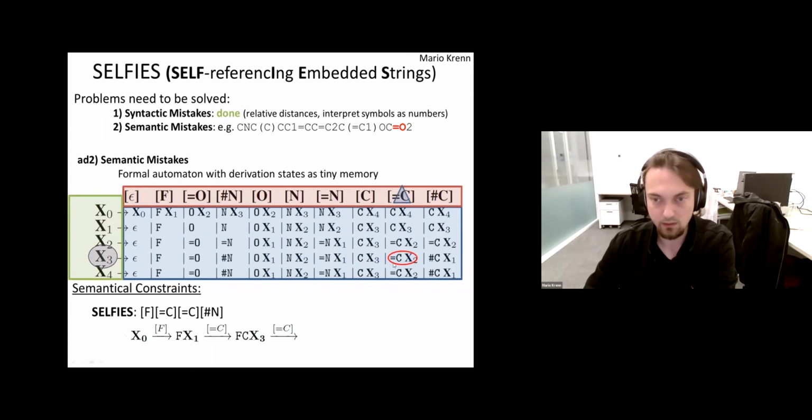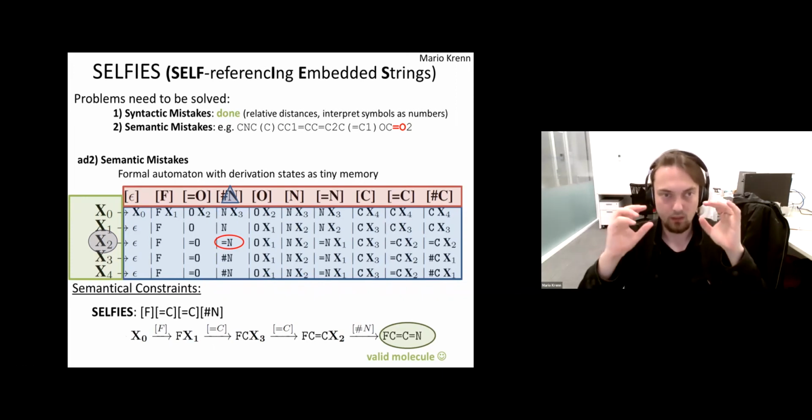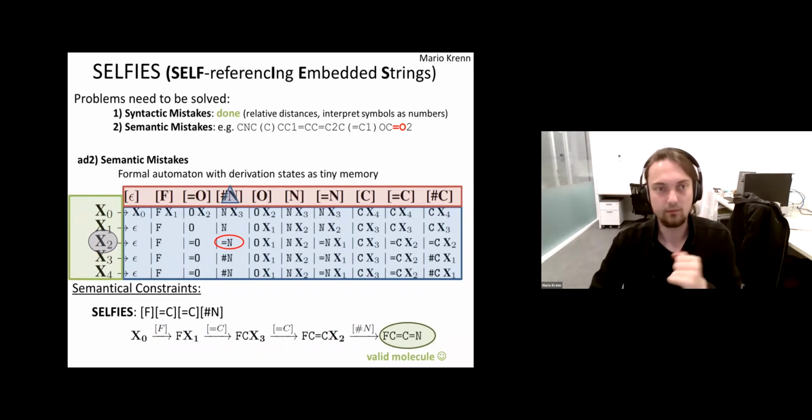Double bond C produces this symbol. We go to state X2. X2, the next symbol is the sharp N, produces a double bond N, and we finish the derivation and we get a valid molecule. So those are now the two solutions for semantic and syntactic issues.